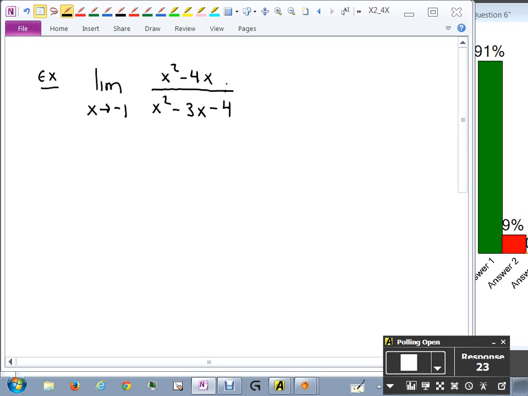What we always do first is just try and plug in the value and see what we get. I always like to do that by drawing a little arrow out here and writing down what I'm getting. If it happens to turn into a number over a number, we're going to be done, right? Let's see. Plug -1 in. What do we get up top?